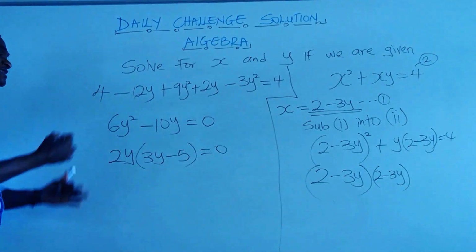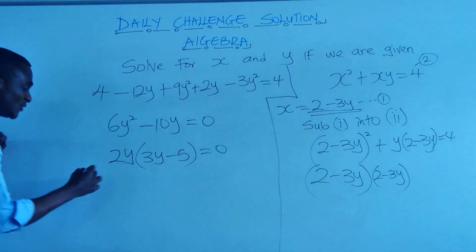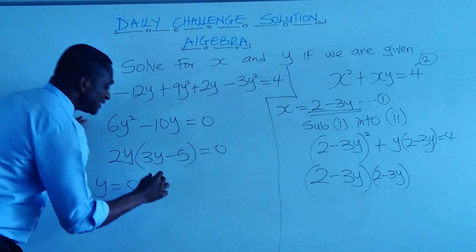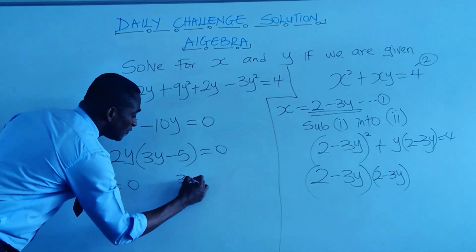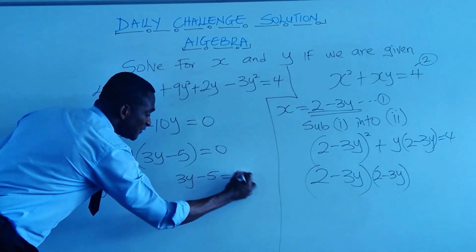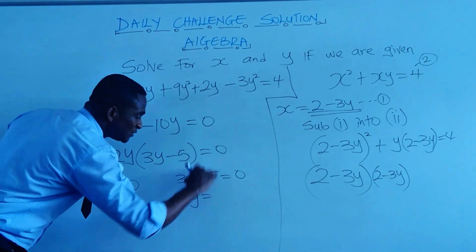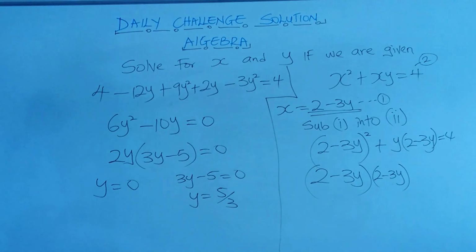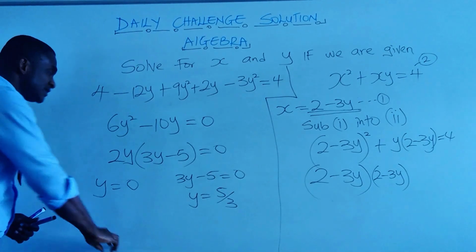If I equate them individually to 0, the first one, y equals 0. And for the second one, if I have 3y minus 5 equals 0, then y equals plus 5 over 3.